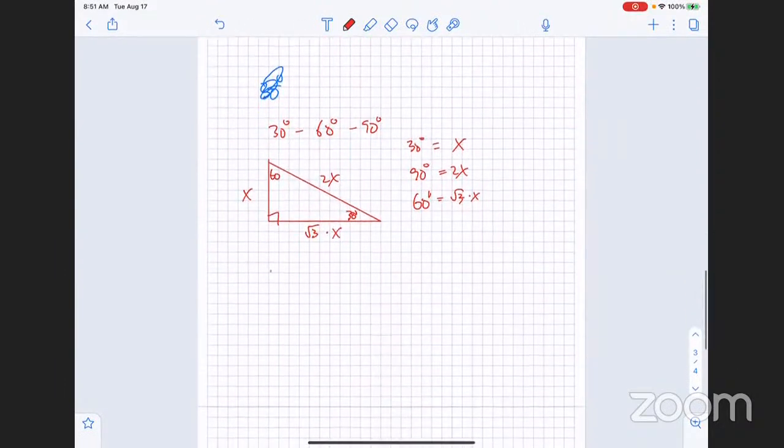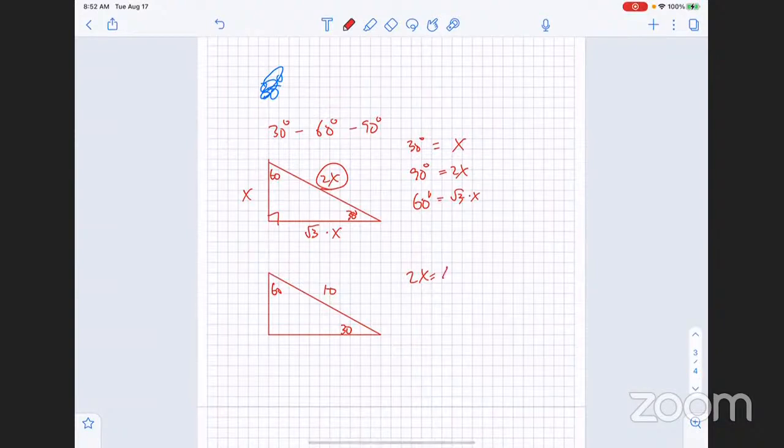Now, what if I give you a triangle? I say, hey, can you tell me what this is? Well, 2x, right? That's to say if this one's 30, 60, and if I say this side is 10, can you find out which side first?